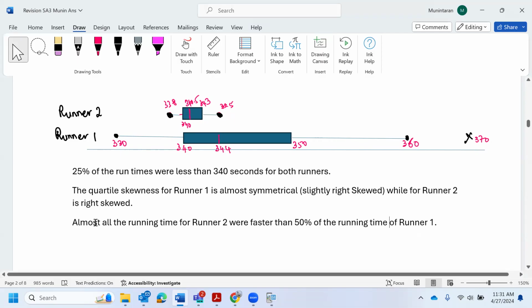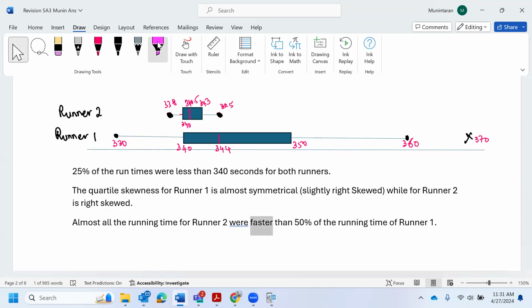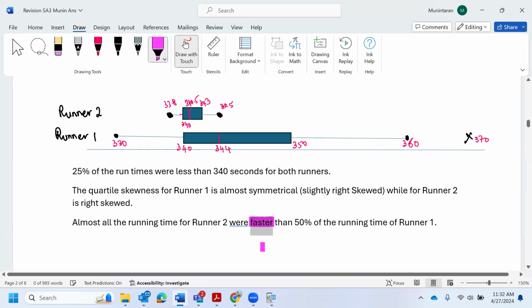So that's why I use almost all. Running time of runner 2 were faster. The word here should be faster, not slower. Less time means it's faster. Then the 50% of the time. Why is it 50%? Because the median for runner 1 is 344 and the maximum for this is 345, so everything is lesser.